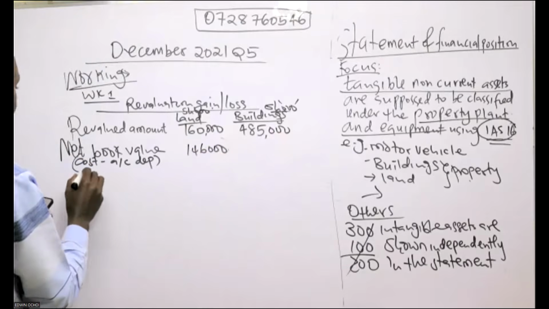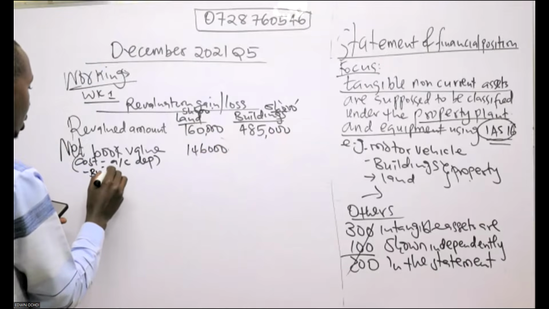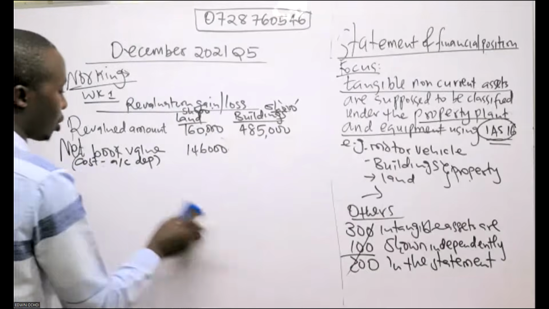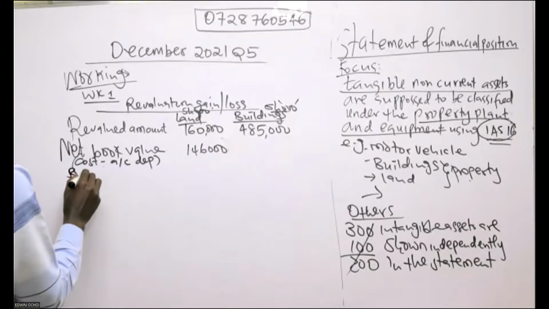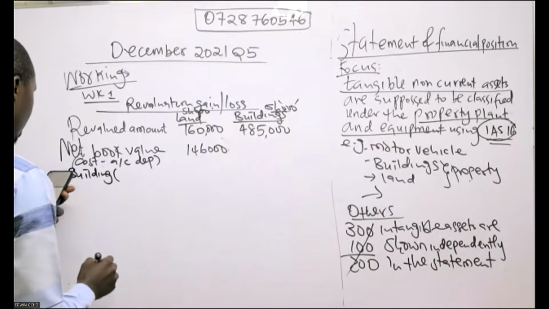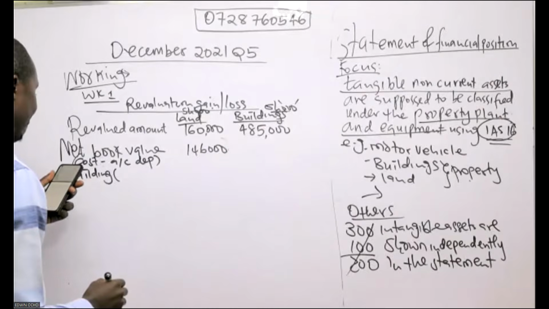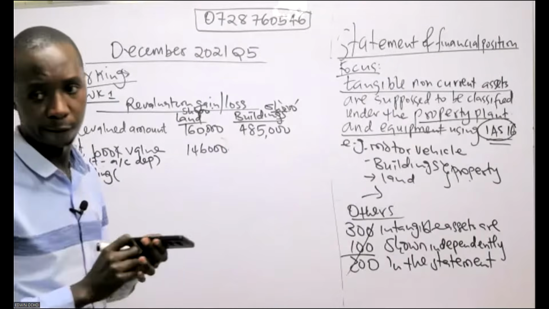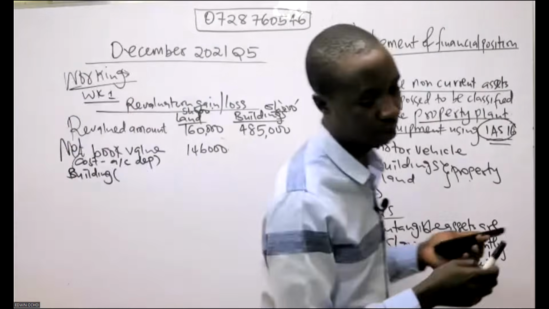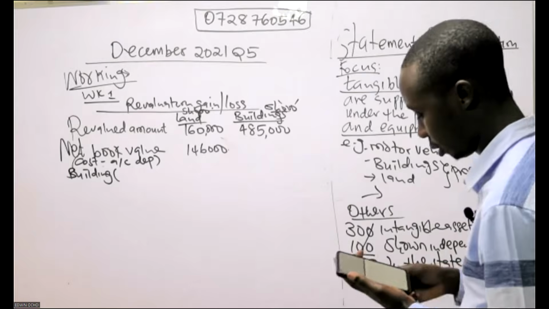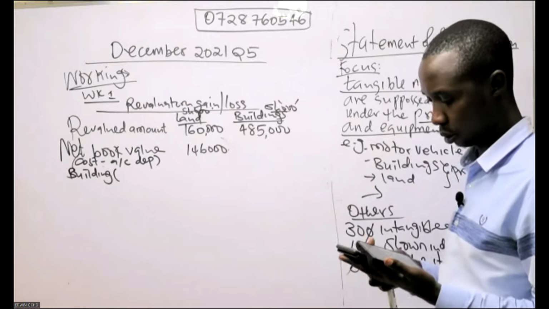Then for building, now I need to deduct. For building, I have to deduct depreciation, the accumulated one. So if the land is at 146 and the total was 732, meaning building is 732 minus 146, which is 586.